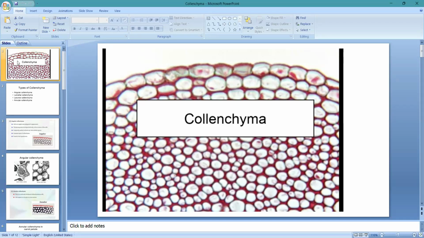Collenchyma is absent in monocotyledons. It is present in dicotyledons, appearing at the early stages of development. Collenchyma is also absent from the roots.